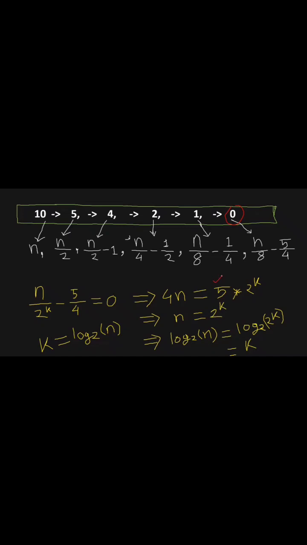Since 5 and 4 are constants, we removed them. So we removed the constant here, n equals 2 to the power k. If we take log base 2 on both sides, then we get k. So k equals log 2 n, and the solution will take big O of log 2 n time complexity to solve this problem. And this is my solution to this problem.